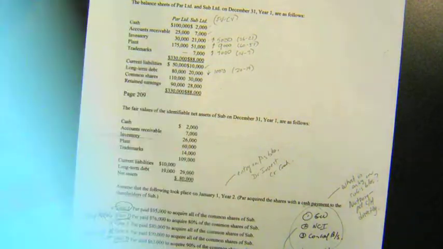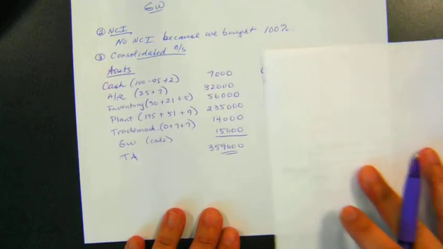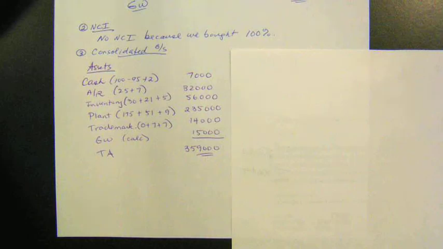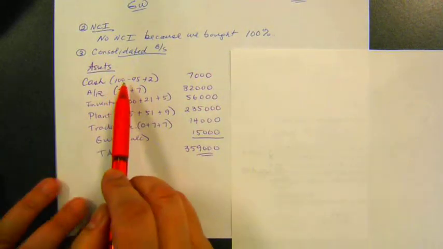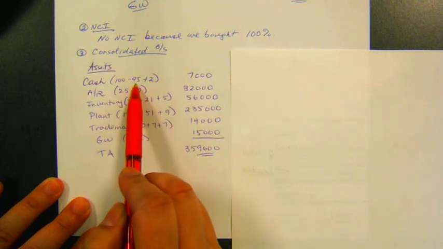But okay, so let's look at the statements. So I'm just going to cover liabilities up for a sec. So this is pretty straightforward. Parent, sub, what's this minus 95?